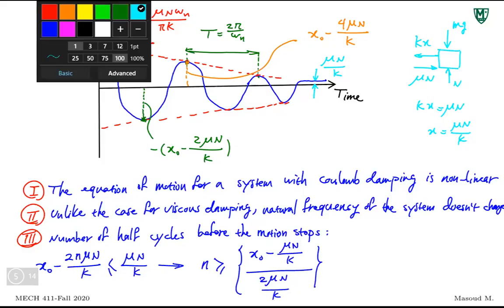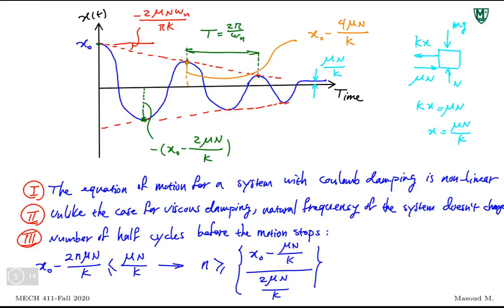So now this n is the number of half cycles before the system stops. You can calculate that, knowing everything we know about this system.